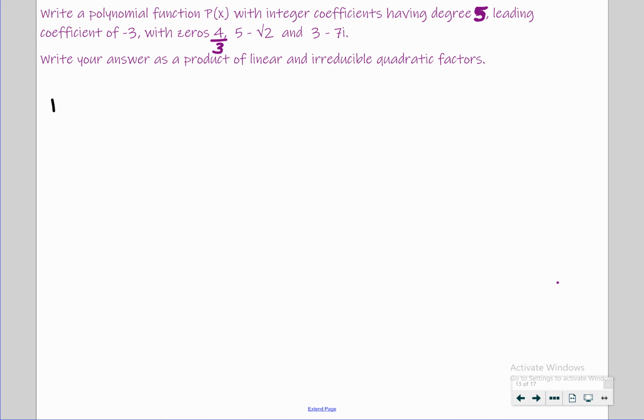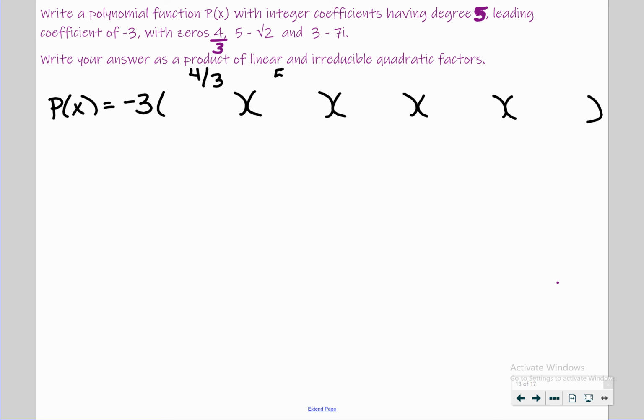So p of x equals leading coefficient, negative 3. It's degree 5, which means there are going to be 5 linear factors to start. Okay, and each factor is going to go with a respective 0. So 4/3, 5 minus rad 2.